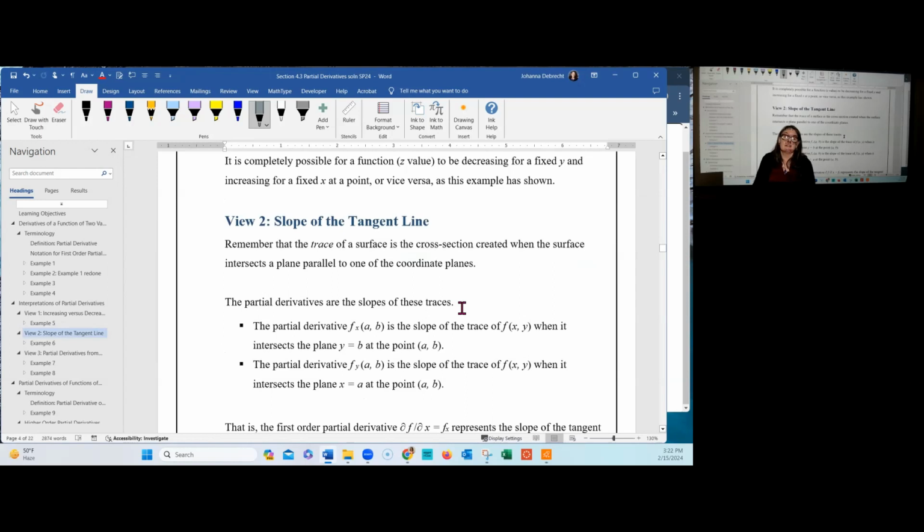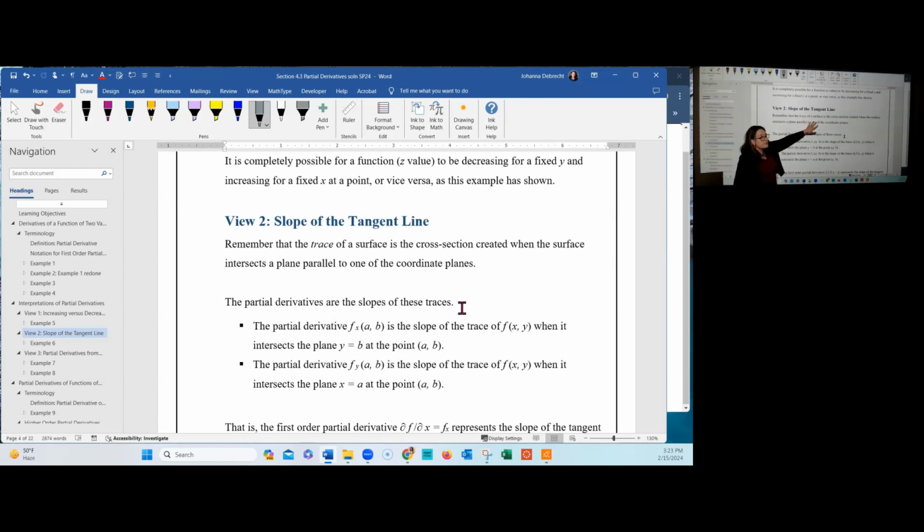Keep in mind that, as in the last example, it is entirely possible for z to be increasing with respect to x while it's decreasing with respect to y, and at different rates. We saw that in the previous example. Let's now look at the view of the slope of the tangent line, which was the first view we took in the first example we did.